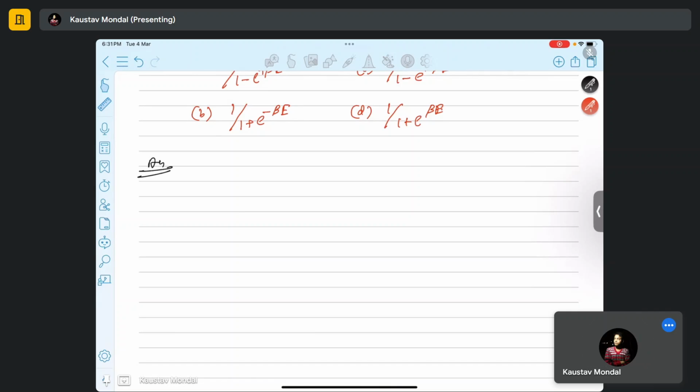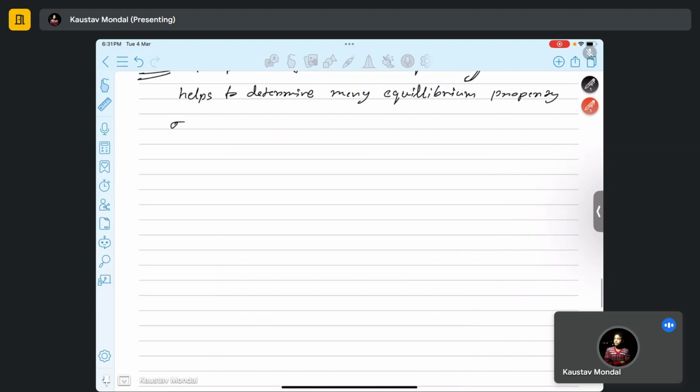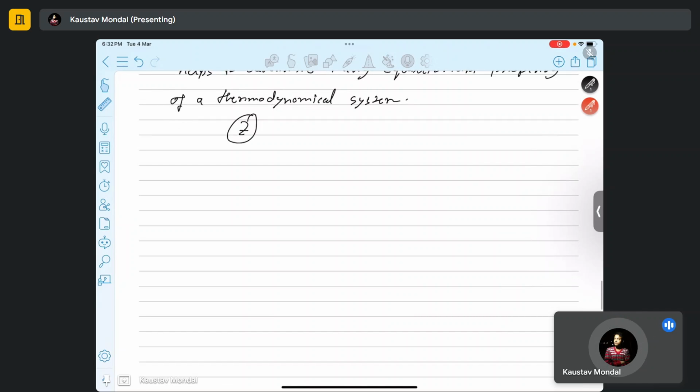You already know that the partition function is an important quantity which helps to determine many equilibrium properties of a thermodynamical system, right?